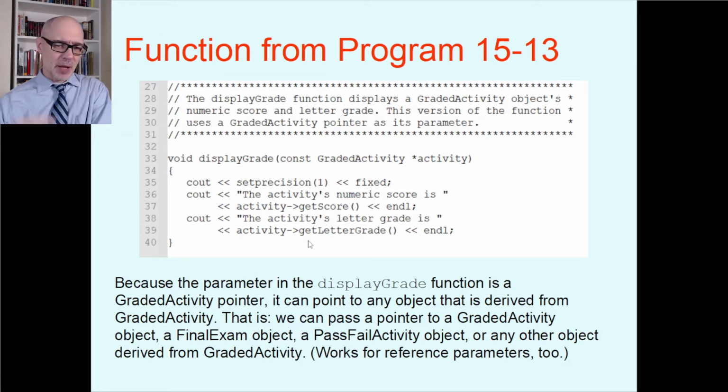Now, the question is, so this works and it compiles and it does something, but if I pass in, for example, a pass-fail activity, that was our example from the last video about redefining functions. Graded activity has its version of getLetterGrade that returns A, B, C, D, or F, whereas pass-fail activity, the child class, has a redefined version of getLetterGrade that only ever passes back a P or F. So the question right now is, if you pass in a pass-fail activity pointer to this function, which version of getLetterGrade gets called?